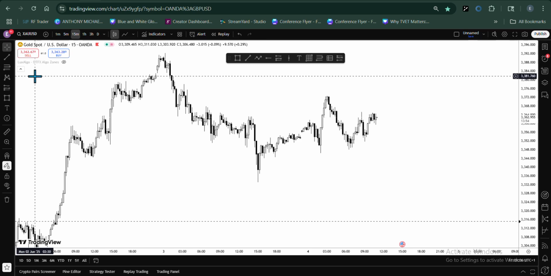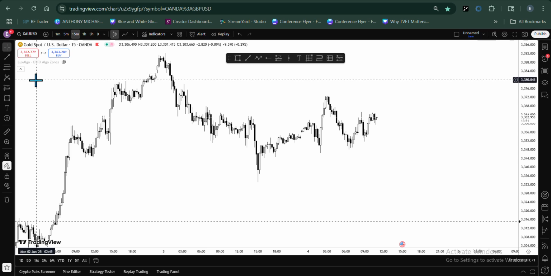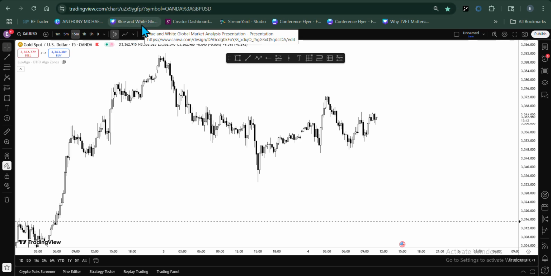Now we are going to start entering the more important ones. So this is the chart, tradingview.com. You can sign up for free. It has a premium version, but I think the free is good. You don't need a premium version for starters.